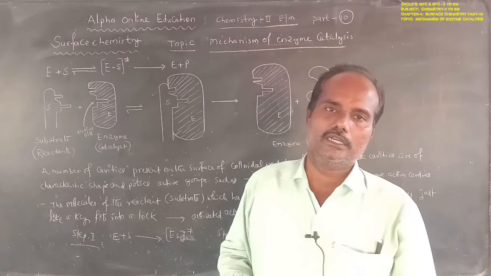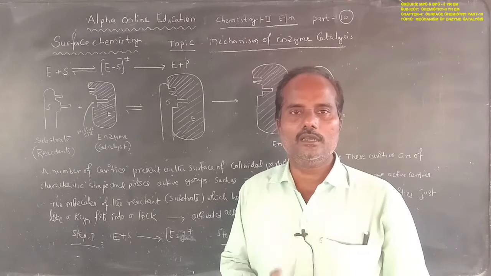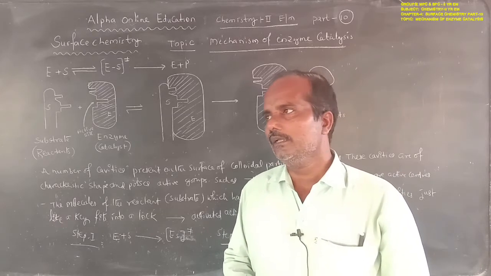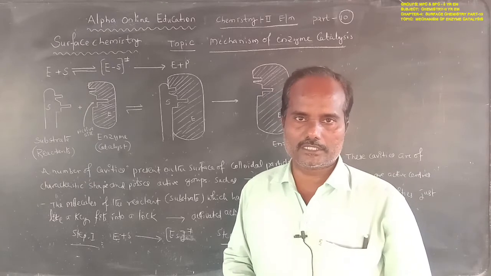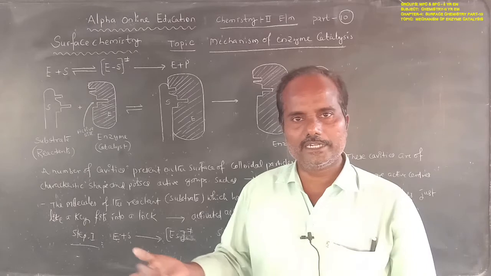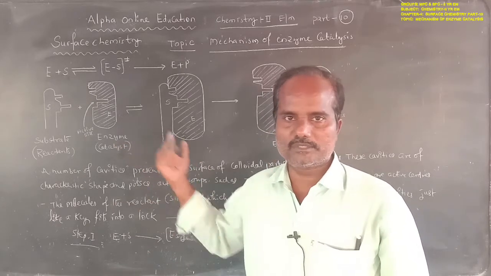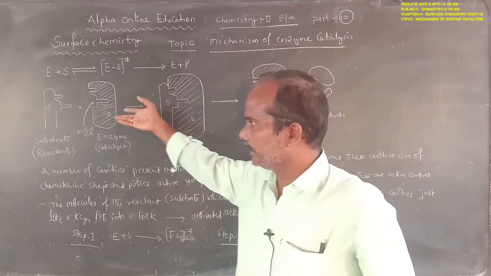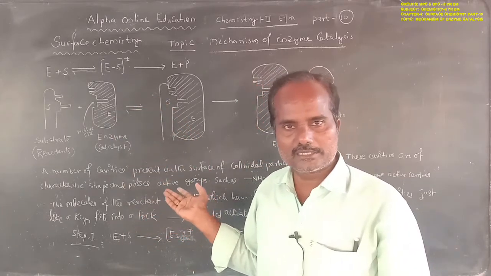Let's take an example: proteins and carbohydrates. In general, they are complex molecules. When they undergo enzyme catalyzed reactions, proteins interact with trypsin as well as pepsin, and carbohydrates in general interact with the amylase enzyme.